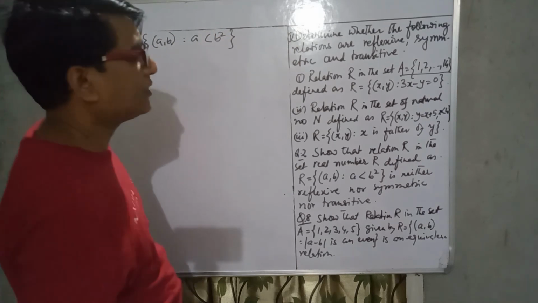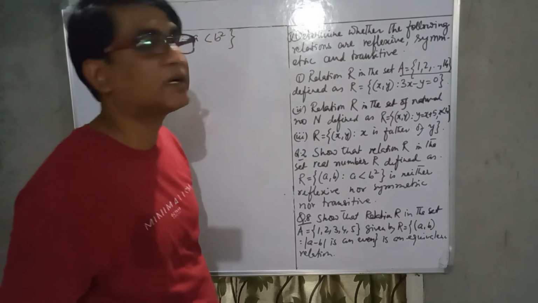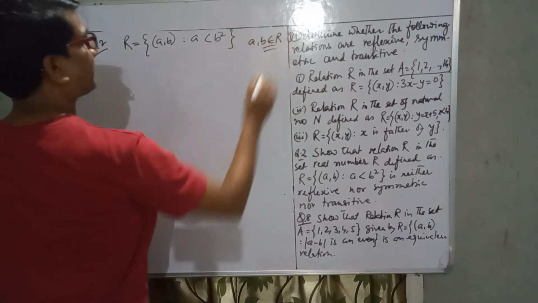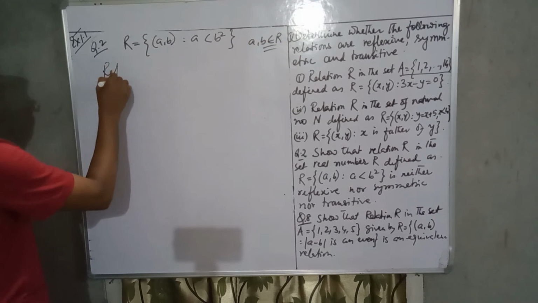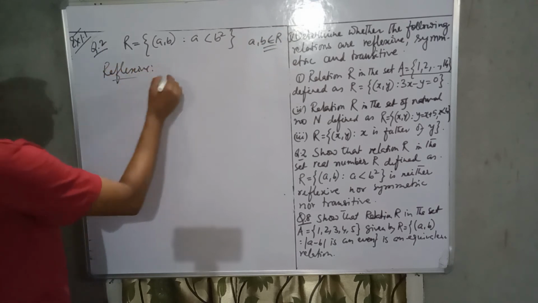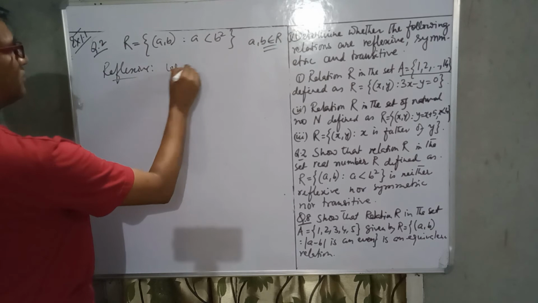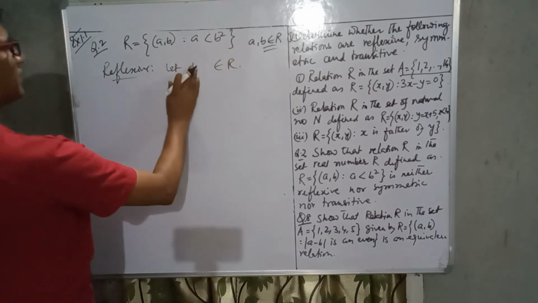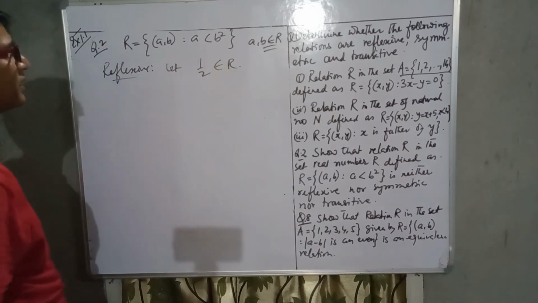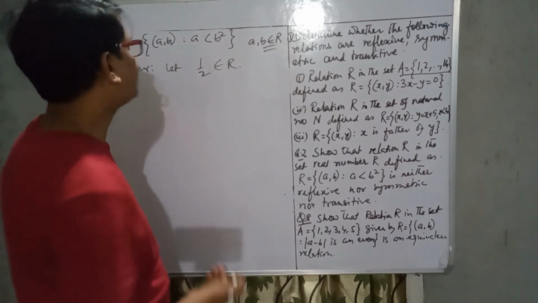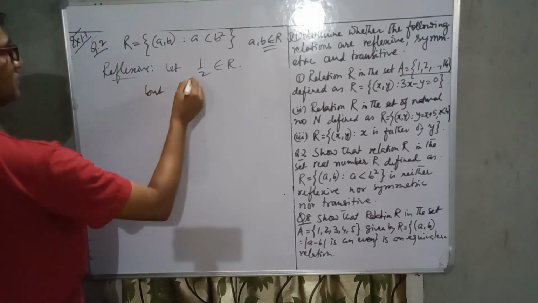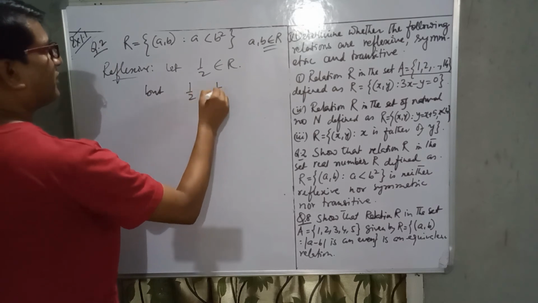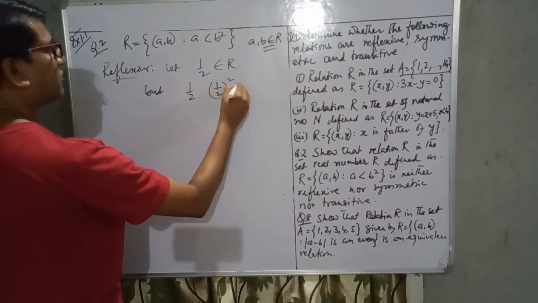We have to check that it is neither reflexive nor symmetric nor transitive, where a comma b belong to the real numbers. Reflexive: we can take half, which is a real number. 1 by 2 whole square is 1 by 4.